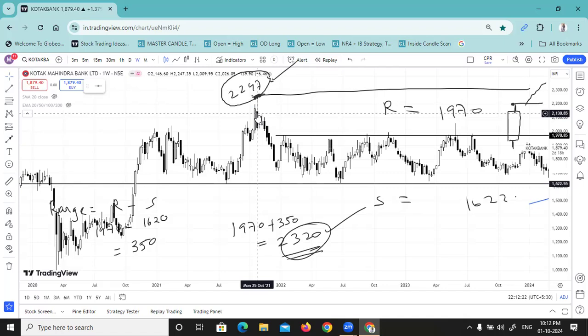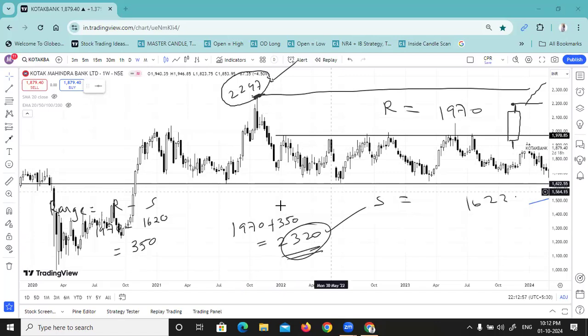How 2247 came? Okay, so keep a track on Kotak Bank and see how it is doing.